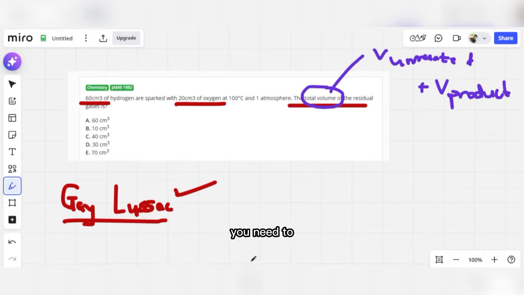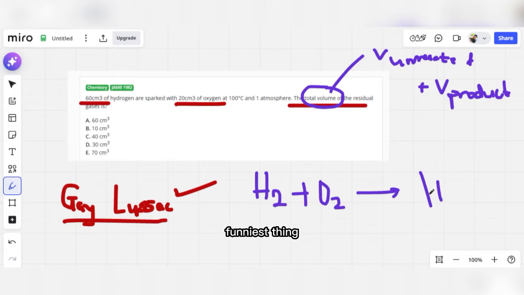So how do you go about this? You need to write out the formula of the reaction, the equation of reaction. Hydrogen is sparked with oxygen. So H2 plus O2 will give you water. Now the funniest thing is that most of the Lussac law questions are always hydrogen and oxygen giving water.